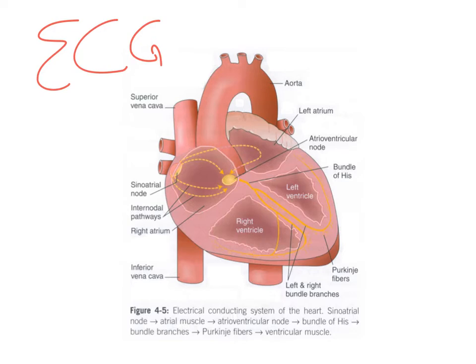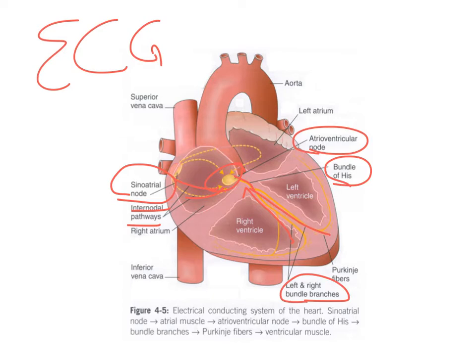So what constitutes the electrical conducting system? The electrical conducting system has the sinoatrial node, the intranodal pathways, and then the atrioventricular node, or the AV node, and then the bundle of His, which continues to the right and left bundle branches, and then the Purkinje fibers, which spread throughout the left ventricle.